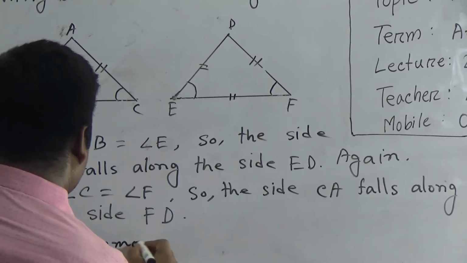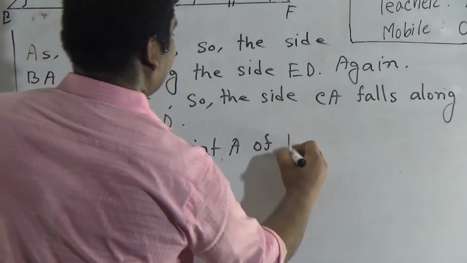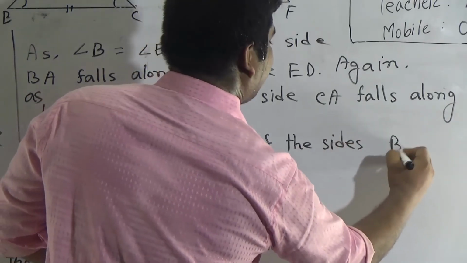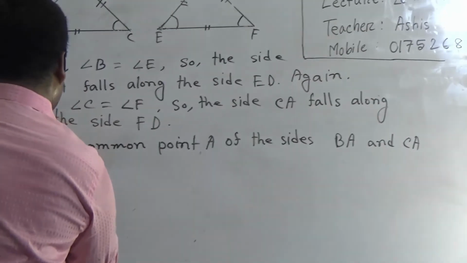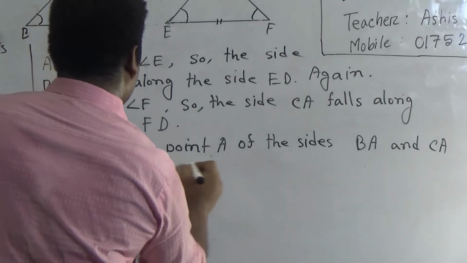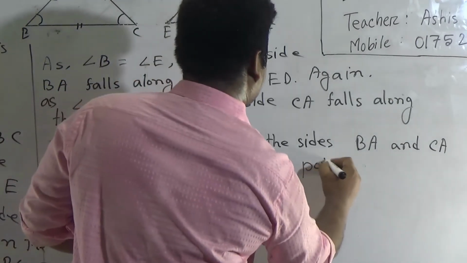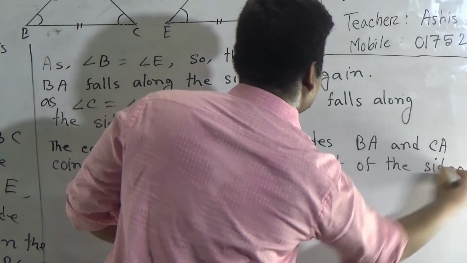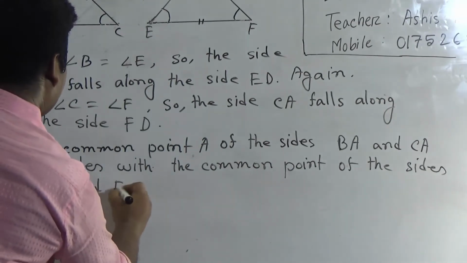Right now, the common point A of the sides BA and CA coincide with the common point D of the sides ED and FD.